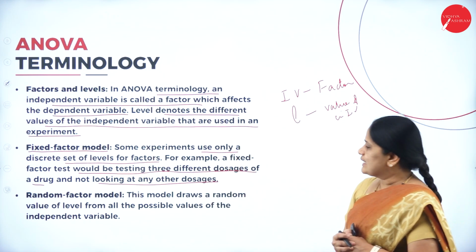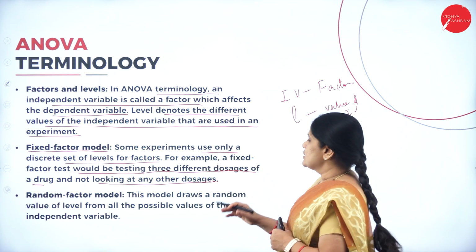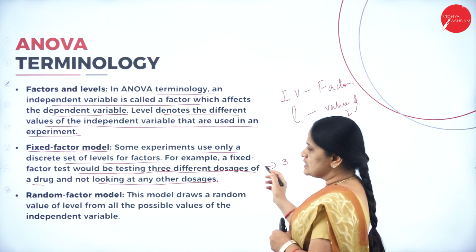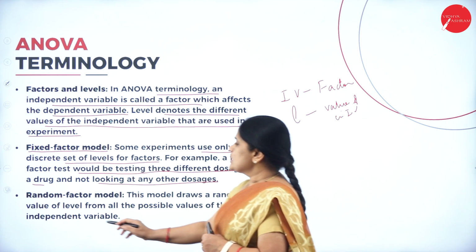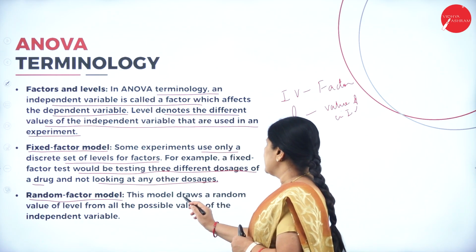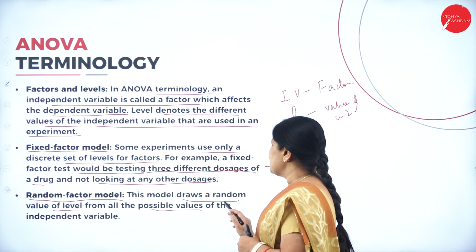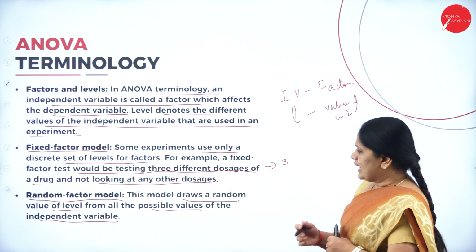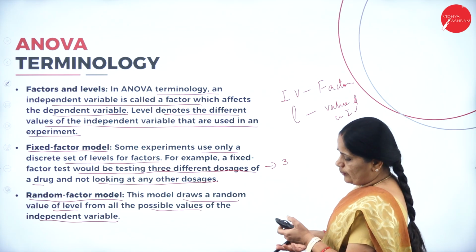Then, the next one is the random factor model. This model draws a random value of level from all possible values of the independent variable.